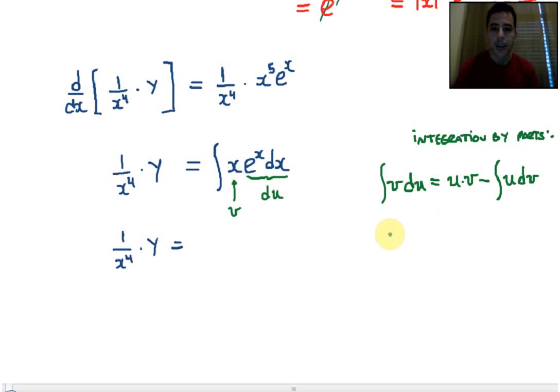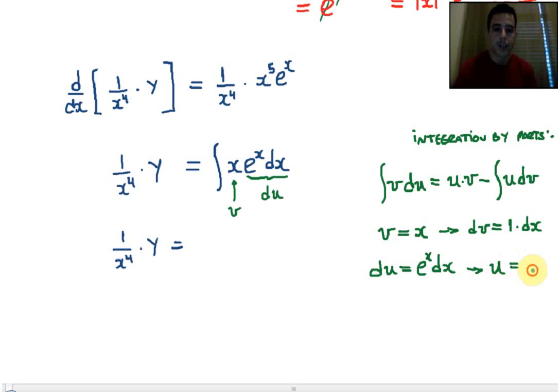So here, if v is x, that means dv is 1 times dx. And if du is e to the x dx, that means u is e to the x.